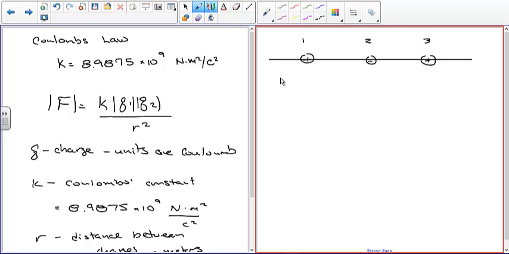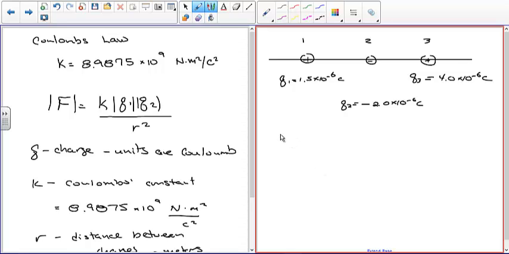The charge on object 1 is positive 1.5 times 10 to the minus 6 coulombs. The charge on object 2 is negative 2.0 times 10 to the minus 6 coulombs, and charge 3 is positive 4 times 10 to the minus 6 coulombs.